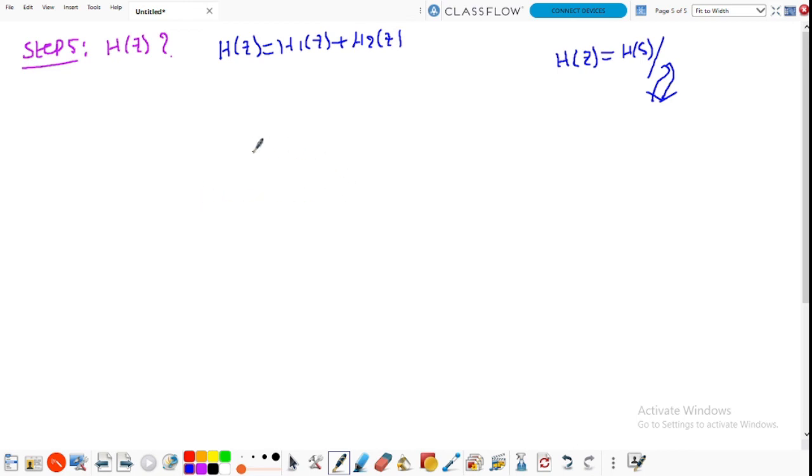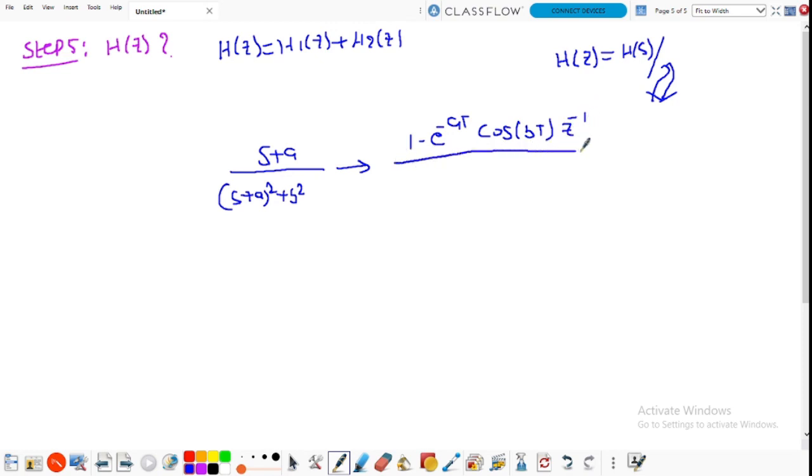The first mapping formula is (S plus A) divided by (S plus A) whole square plus B square is transformed or mapped into 1 minus e power minus at cos bt z power minus 1 by 1 minus 2 e power minus at cos bt z power minus 1 plus e power minus 2at z power minus 2, and this is the first mapping formula.